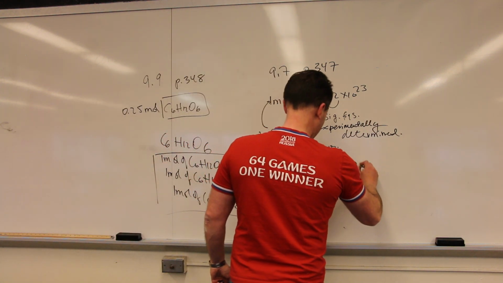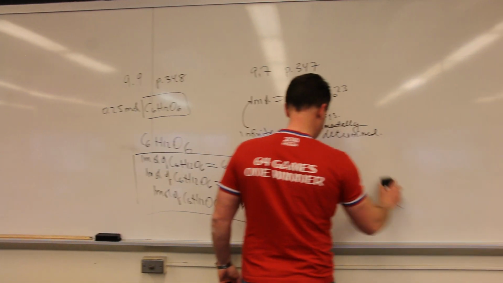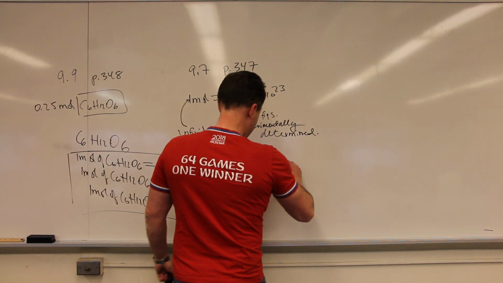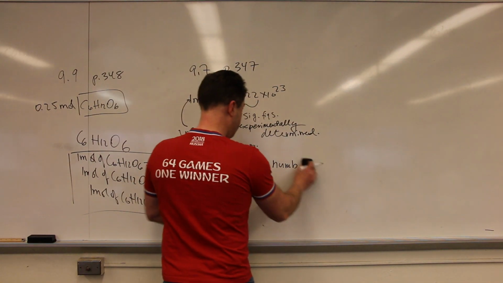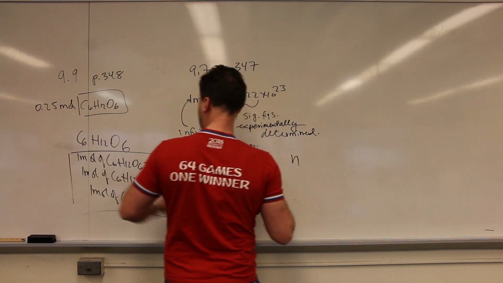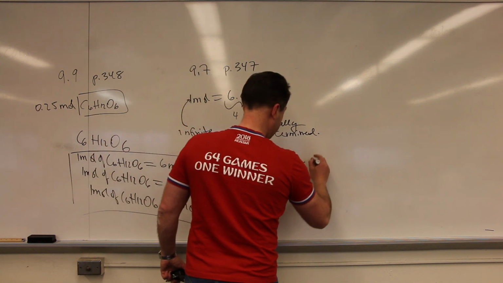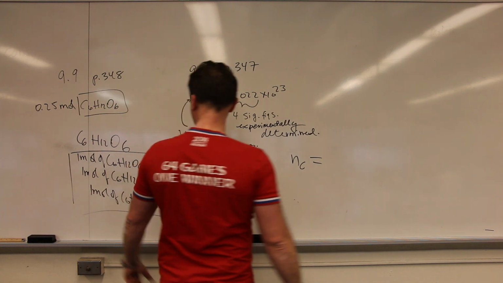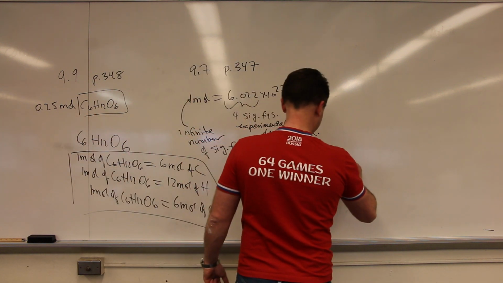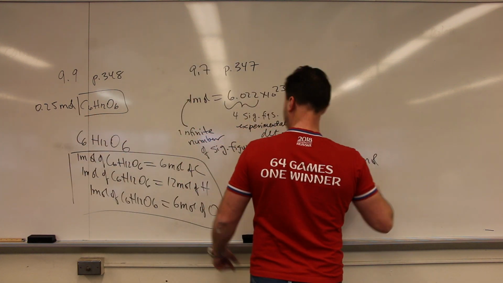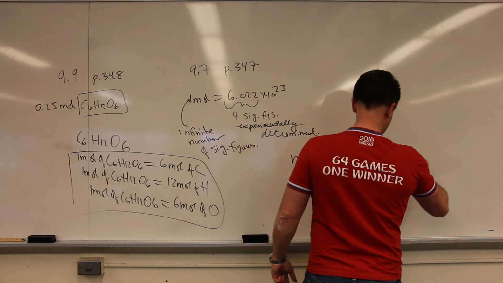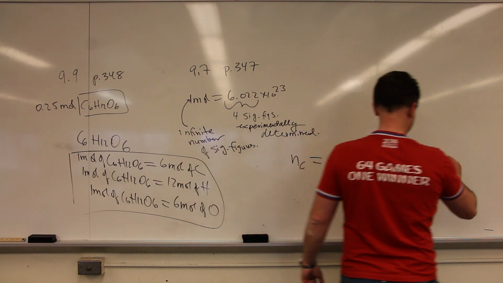For example, if I want to figure out the number of moles, or I can abbreviate it as n, of, let's say, carbon, I can do the following. I will always take what's given and put it first, and that will be 0.25 moles of C6H12O6, the compound given.